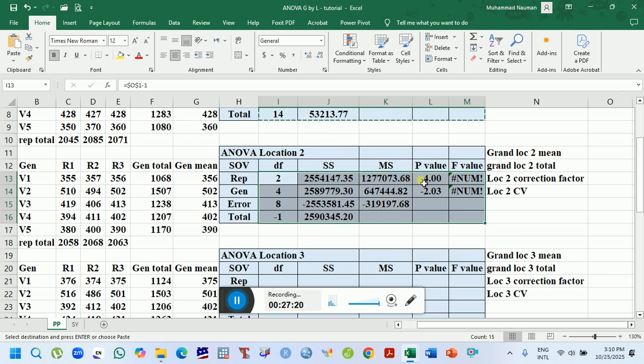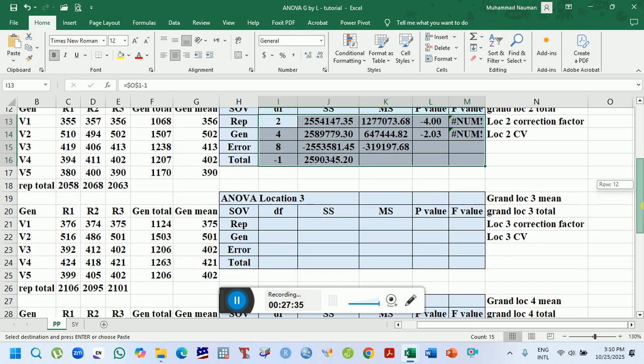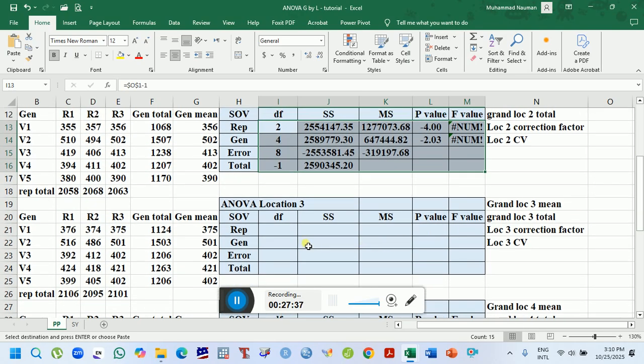This will be corrected later when we calculate the location, grand total, correction factor, and CV for each location. This also will be corrected.